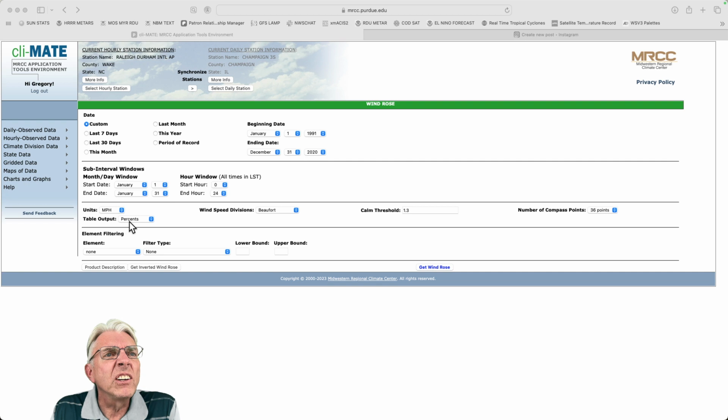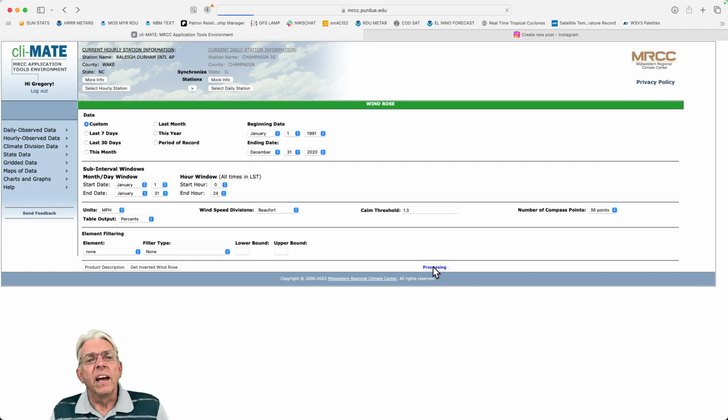And the units are miles per hour, table output, that doesn't really apply here. And then there's a Beaufort wind scale, and that's how they're going to break down the wind speeds. And we have 36 different wind directions, all the way from 0, 10, 20, 30, all the way up to 350 degrees, okay? It takes a little bit of time, but if I say get wind rose, it'll come up here in a second, I hope.